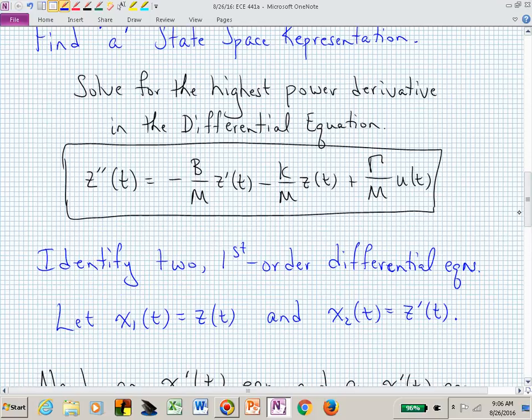That's why I knew that I could stop with 2, and I sort of knew that already when I said, oh, I have a second-order differential equation. That told me I should be looking for two state variables, and now I found those, or defined those, x1 and x2.